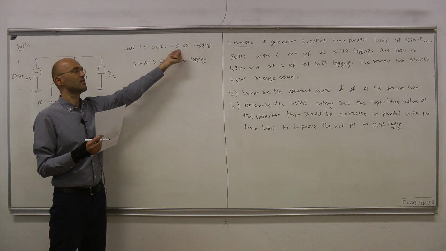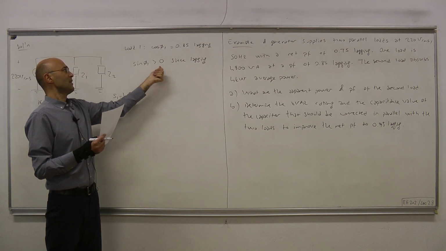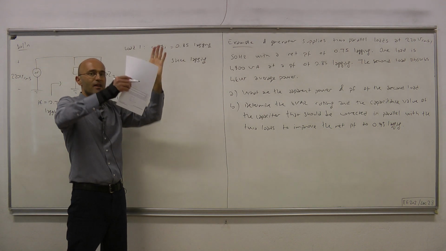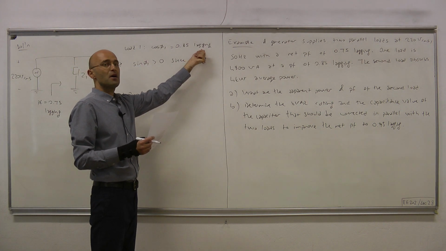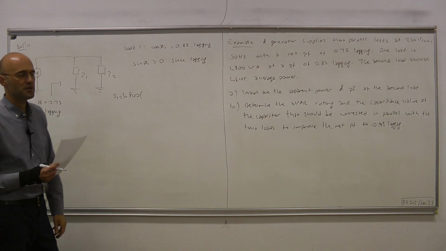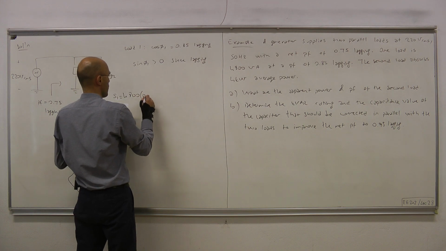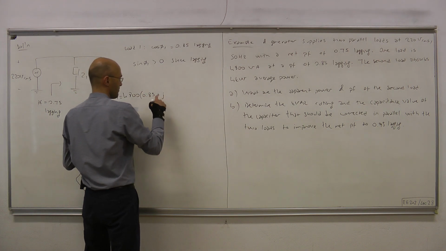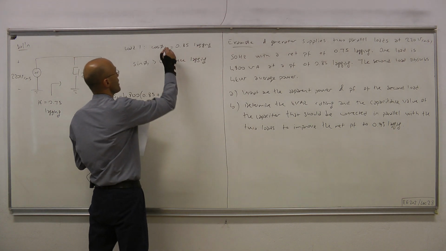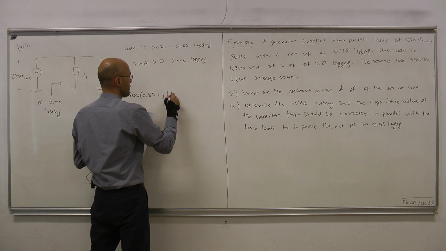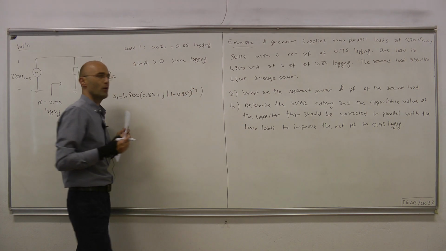Cosine phi 1 is the power factor by definition, and sine phi 1 is 1 minus this square, and then you take the square root, and the sign is positive because the power factor is lagging. In other words, S1 equals 0.85 plus, because it's lagging, j times sine of phi 1, which is 1 minus 0.85 squared, and then you take the square root.